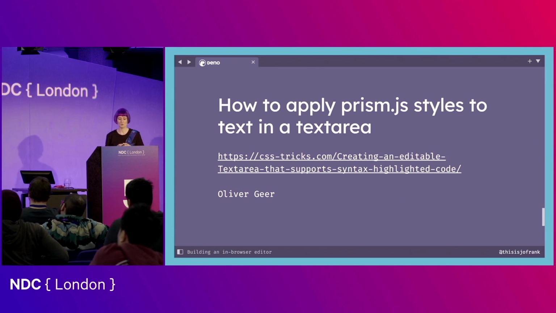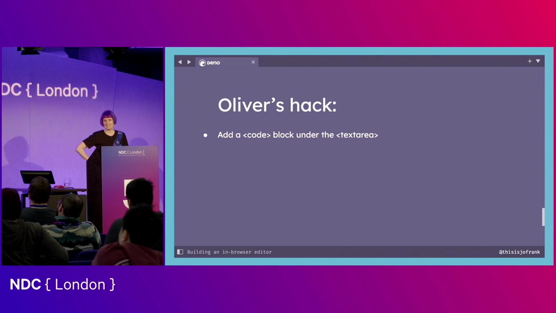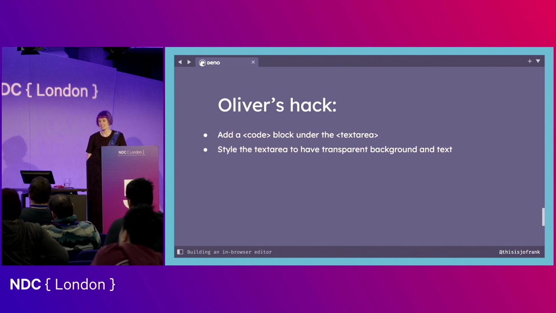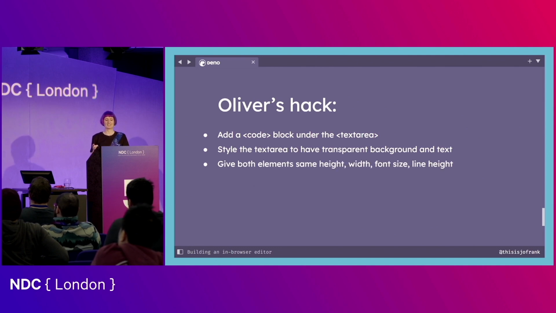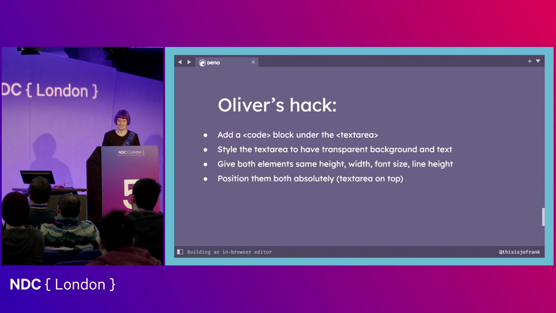So what we're going to do is add a code block underneath the text area. We are going to make the text area transparent, and we're going to make the text that is typed into the text area transparent too. We're going to make the text area and the code the exact same height and width and line height, and then we're going to position one on top of the other. So the text area is going to be on top of the code.